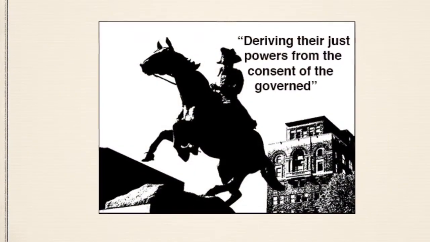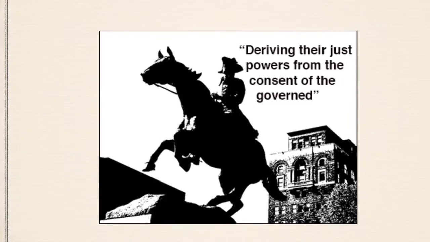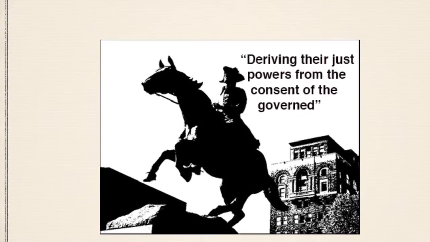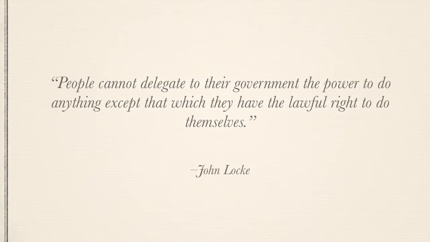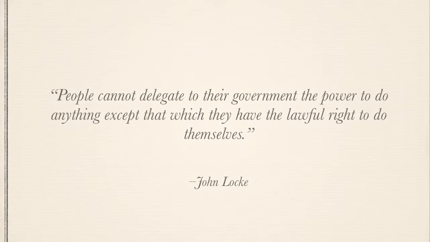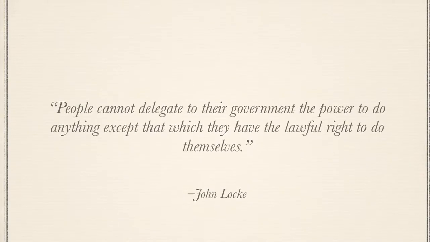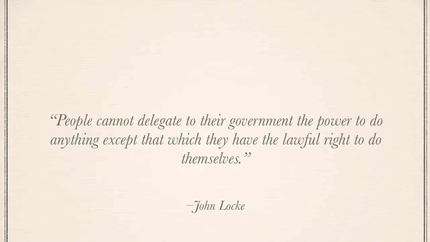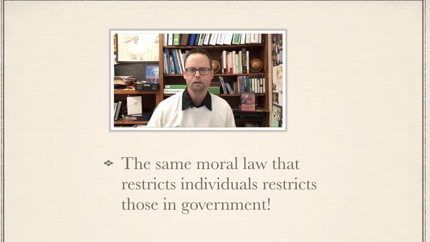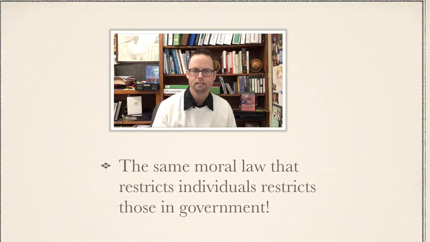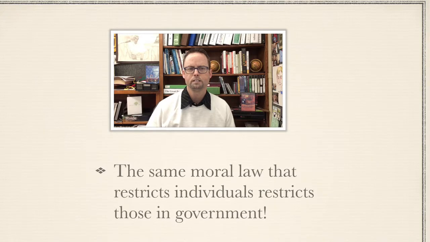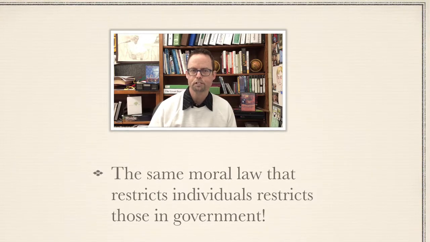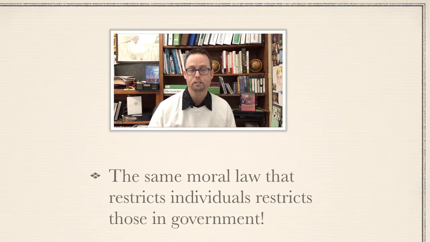Thus, when expressing that government gets its just powers from the consent of the governed, it is important to understand that, in the words of John Locke, the people cannot delegate to their government the power to do anything except that which they have the lawful right to do themselves. Meaning, if I don't have the authority to do X, then I cannot delegate that authority to governing officials. The same moral law that restricts individuals restricts those in government.